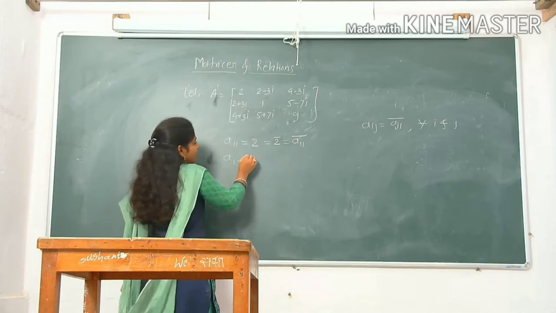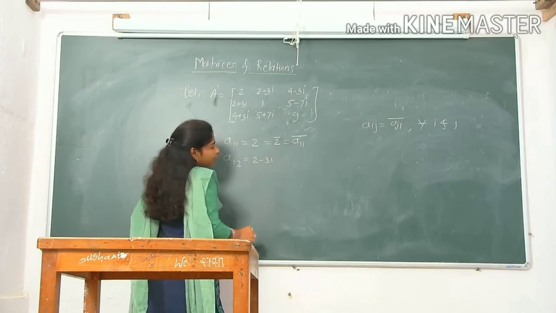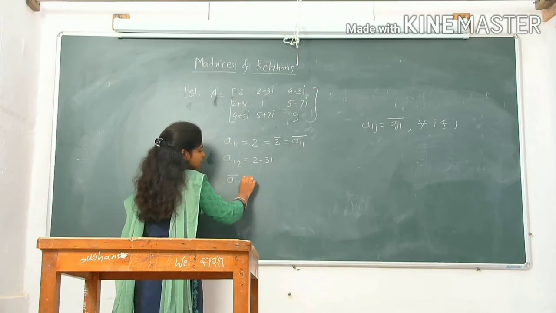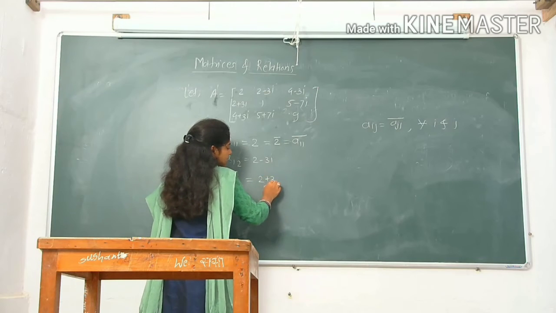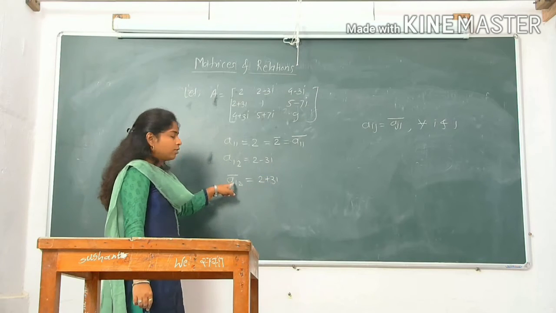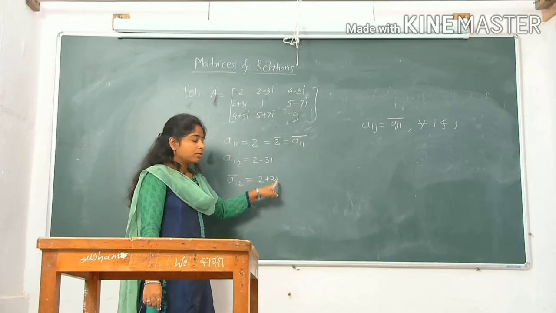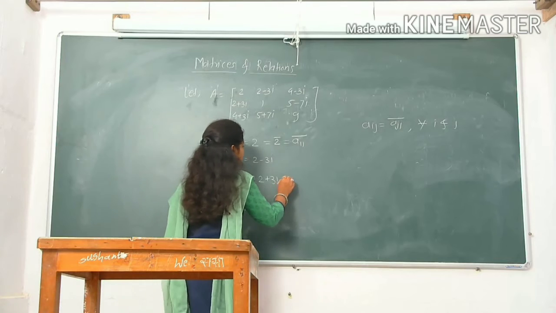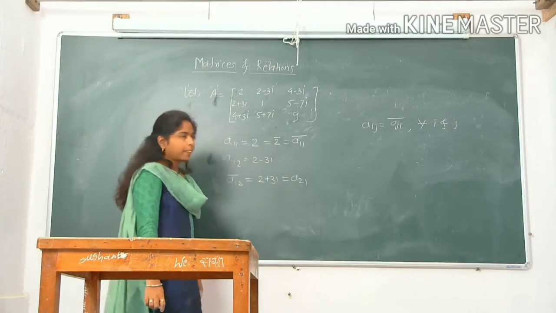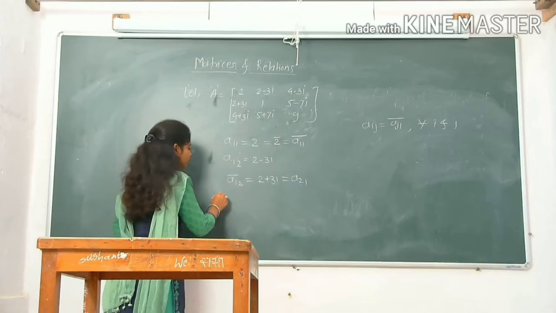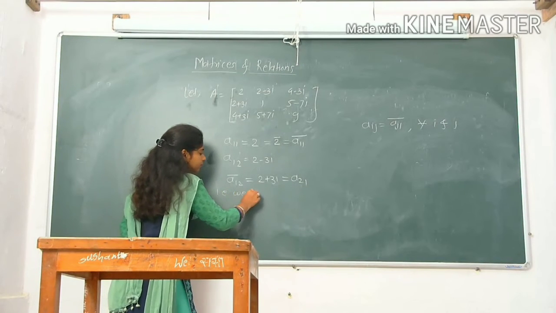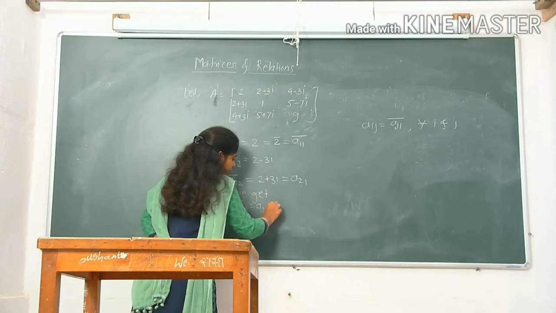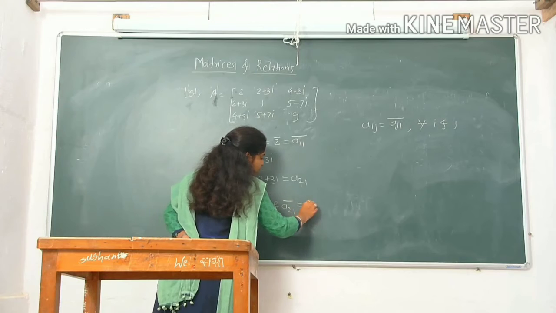So, A12 is equal to 2 minus 3i. Now, we take its conjugate, that is conjugate of A12, which is 2 plus 3i, and which is the same as A21. That is, we get A12 bar is equal to A21 and A21 bar is equal to A12.